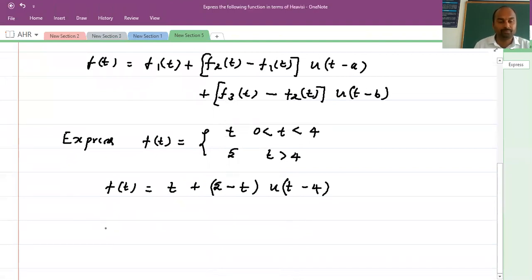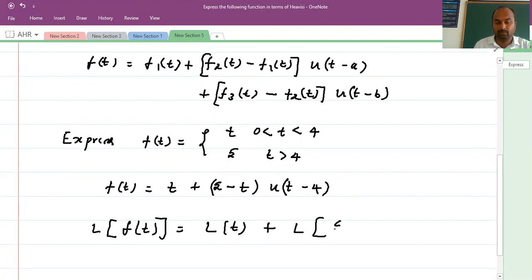Now find the Laplace transform. Laplace transform of f of t is equal to Laplace transform of t plus Laplace transform of 5 minus t into u of t minus 4.